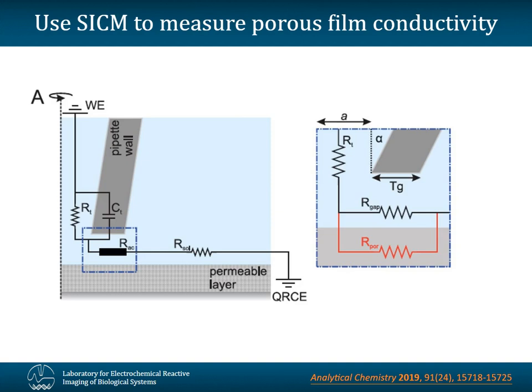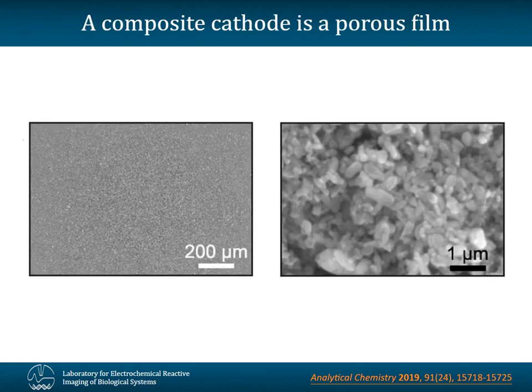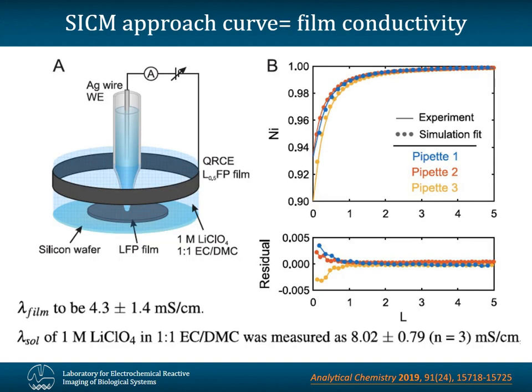Additionally, you can think about using SECM, and an SECM instrument can also be used as a scanning ion conductance measurement, where you're basically looking at the changes in resistance. And if you choose to do this type of measurement, information that you can gain from it can be related to, for example, the porosity of a cathode. So here you have a porous LFP cathode that was produced in a normal way for coin cells.